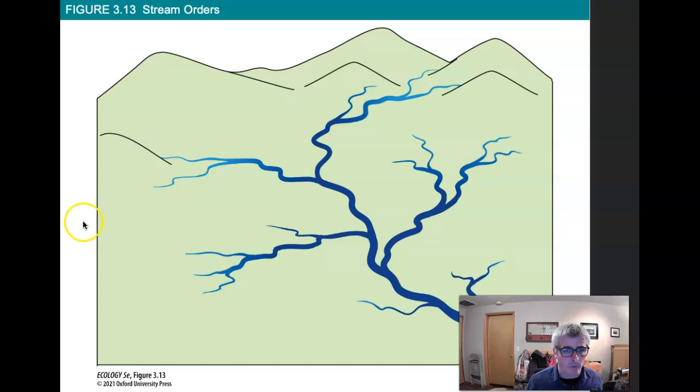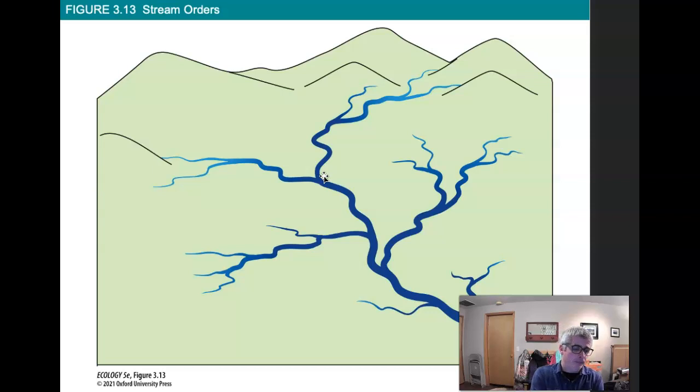Stream order is 1, 2, 3, 4, 5, 6. When two streams come together, they become second order. And then when additional streams come in, they become third order, fourth order, etc. The idea is that with that, there's typically a gradation in the type of organisms that are there and what that stream looks like.